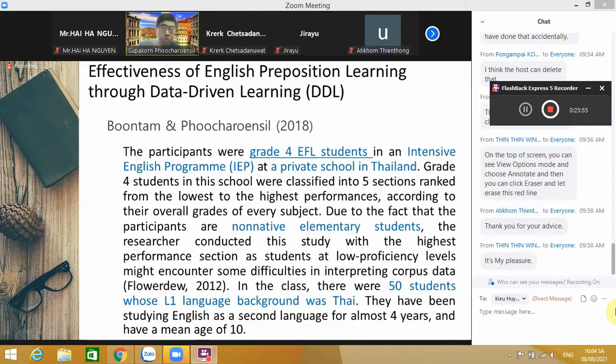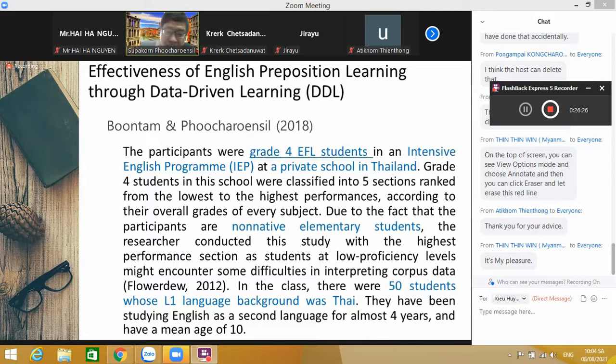You have to mention how many students got involved in your study, and who they are, and why. In Punyapa's study, this is her MS thesis, she collected the data from grade 4 EFL students whose proficiency level is very low.